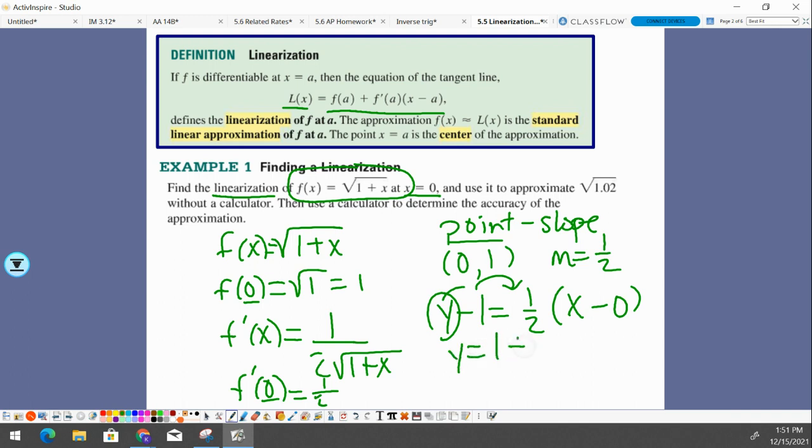So Y equals 1 plus 1/2. Technically, you don't even need the minus 0. It would just be 1/2 X. And to have it in linearization form, we just replace Y with L of X. And that's it. That's linearization. Don't make this hard. Point, slope, write the equation, solve for Y.